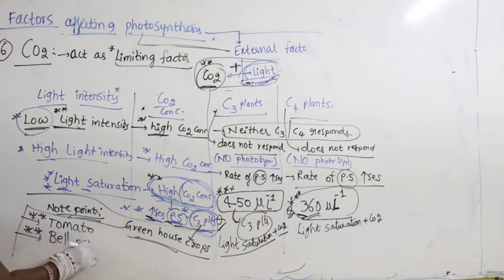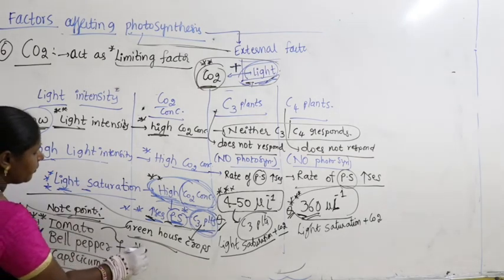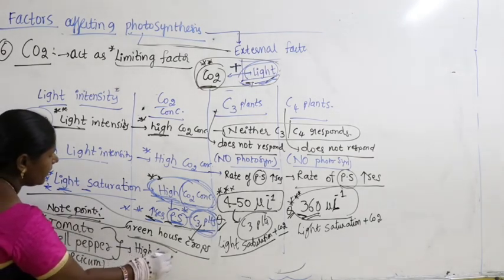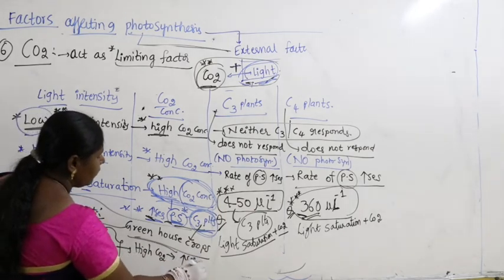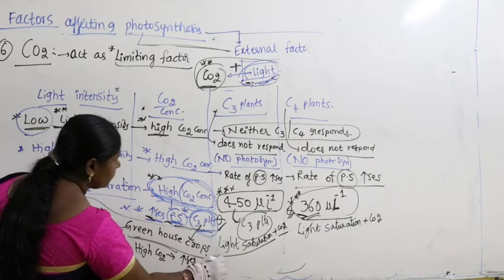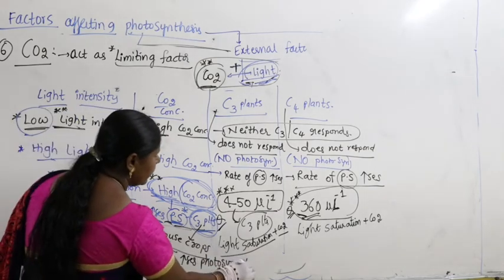What is bell pepper? Bell pepper is nothing but capsicum. In these two plants, in the surrounding environment, if you provide high carbon dioxide, it increases the yield, the photosynthetic yield.